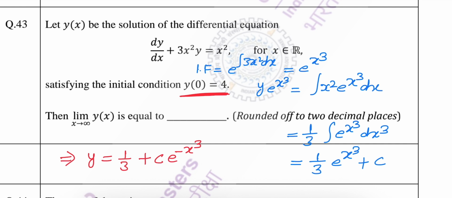So let us do that. y is 4, 1 by 3 plus c e to the power 0 to the power 3, and from here we get c equals 4 minus 1 by 3, that is 11 by 3. Okay, so c is 11 by 3.